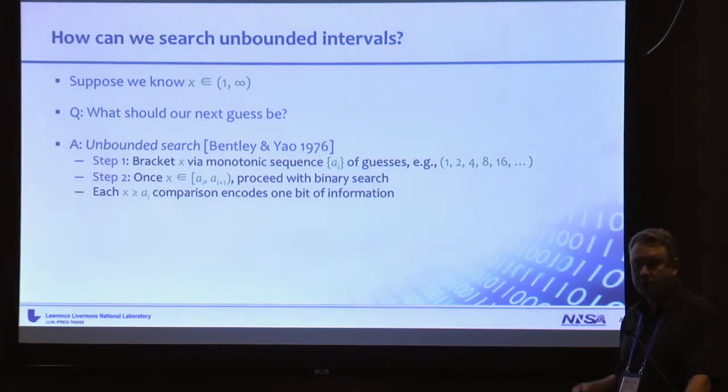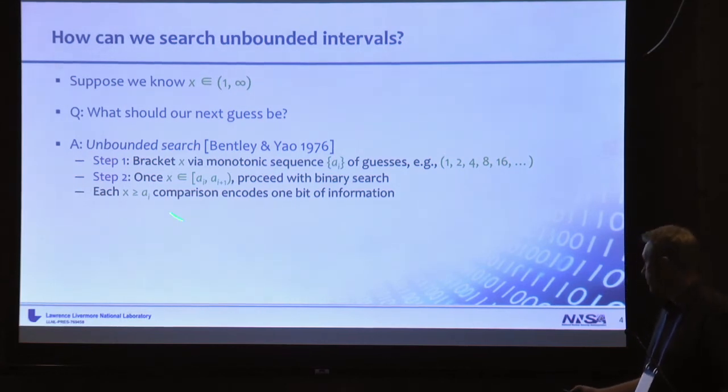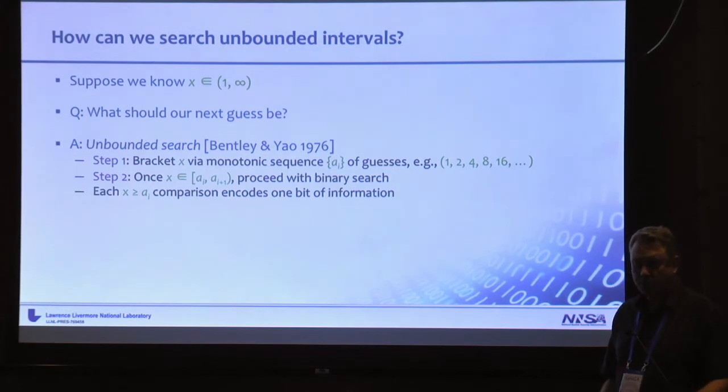For instance, you might just continue doubling your previous guess, and at some point you're going to bracket the number we're looking for, x, between a sub i and a sub i plus 1, right? At that point, we can continue with our binary search to actually encode the number. And you can show that you can encode any arbitrary real this way, assuming you have enough bits of precision to do so.